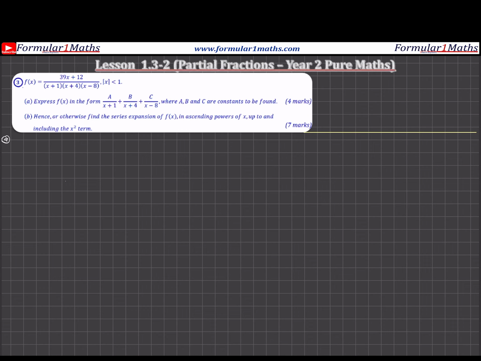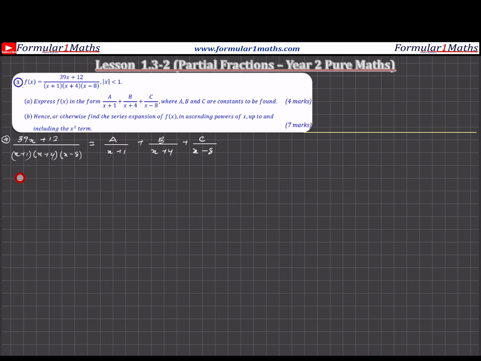So for A, I have 39x plus 12 over x plus 1, x plus 4, x minus 8 is equal to a over x plus 1 plus b over x plus 4 plus c over x minus 8.